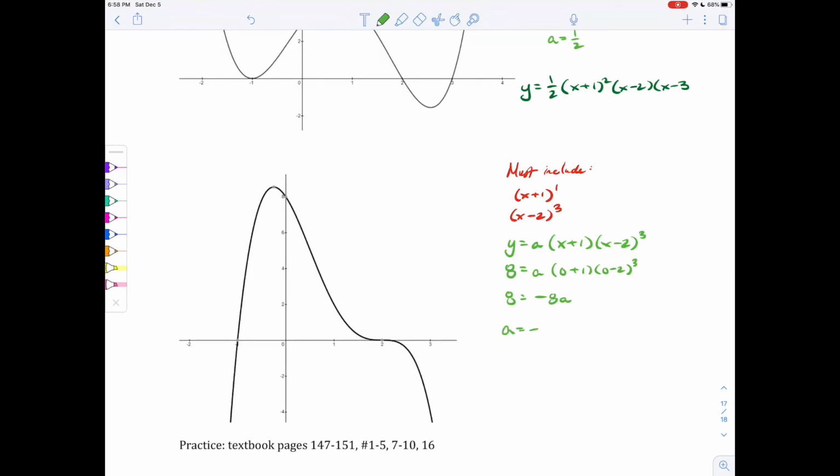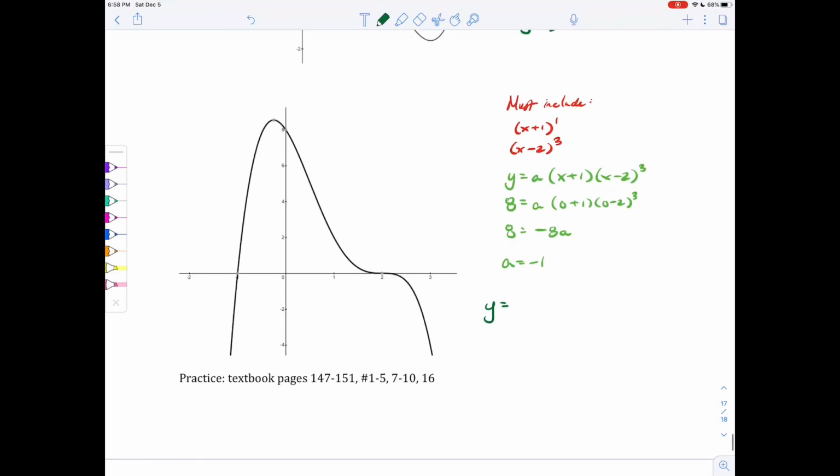And a must be -1, which allows me to say for this function, y equals, or if you use f of x here, then you can use f of x there. Either is acceptable. But y equals negative x plus 1, x minus 2 cubed. And that is done.